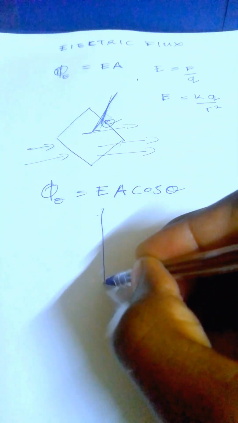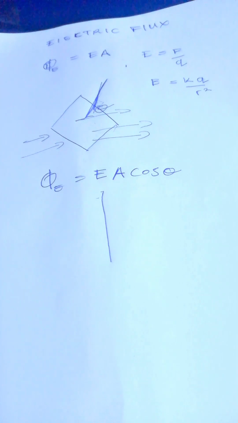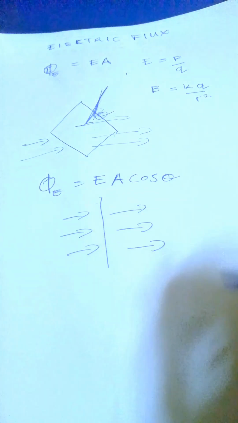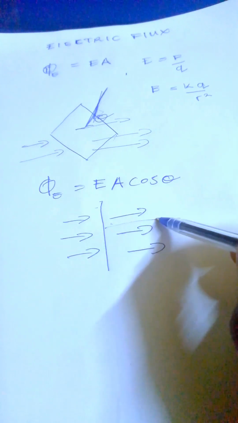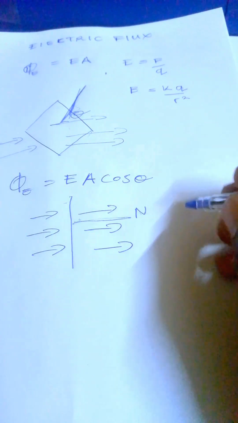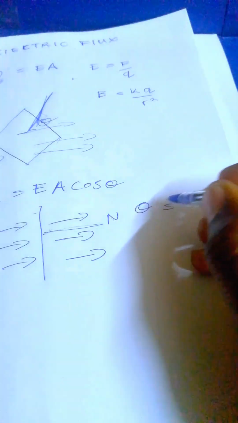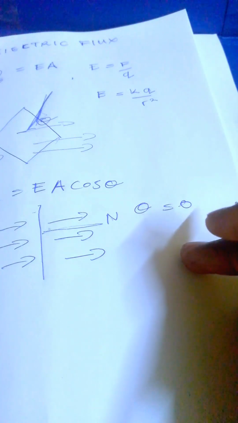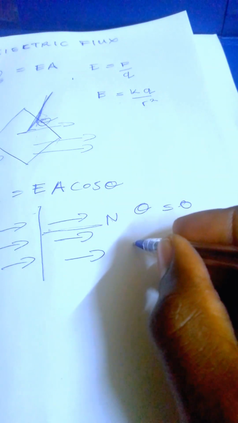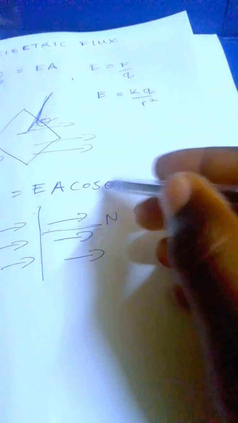When theta is 0, cos 0, when you compute on the calculator, is 1.